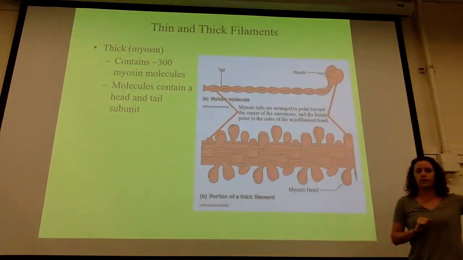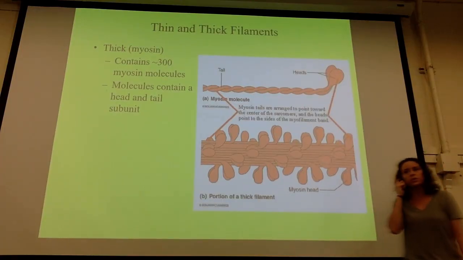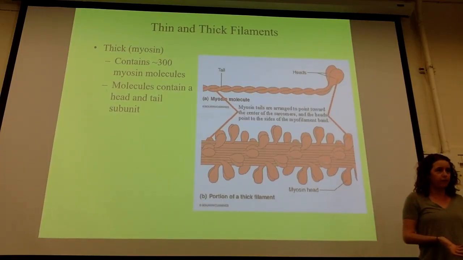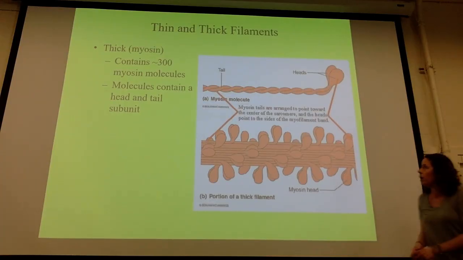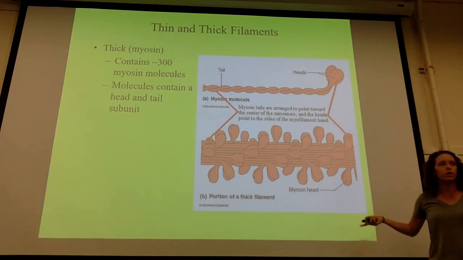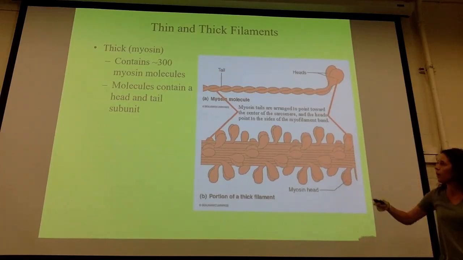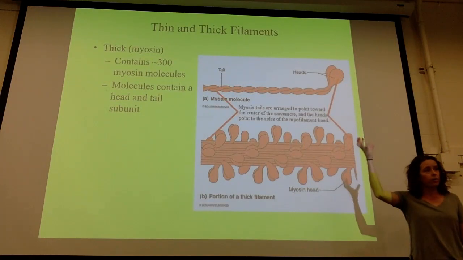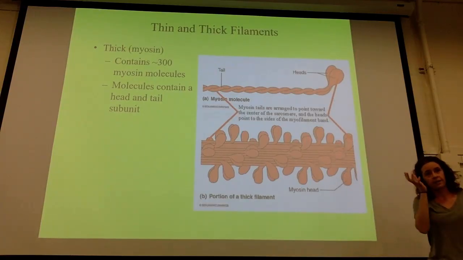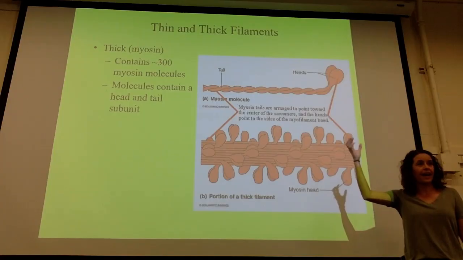Now let's take a look at myosin closer. So myosin, this is our thick filament. It has about 300 molecules of myosin. And a molecule of myosin includes heads and the tail. The heads are the portions that attach to that binding site on actin.